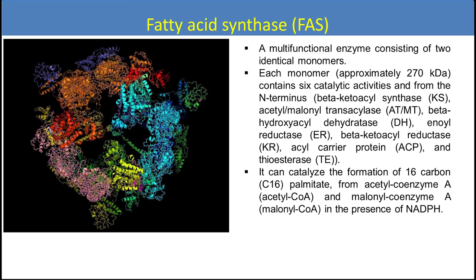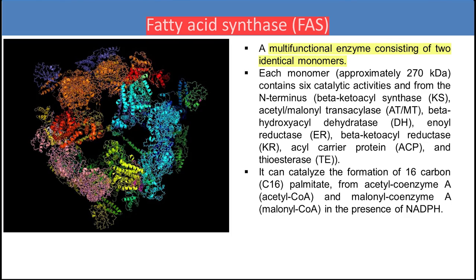This process is mediated by fatty acid synthase, called FAS. As you can see in this beautiful three-dimensional structural cartoon, this enzyme is a multifunctional, multimeric, large molecular weight protein.